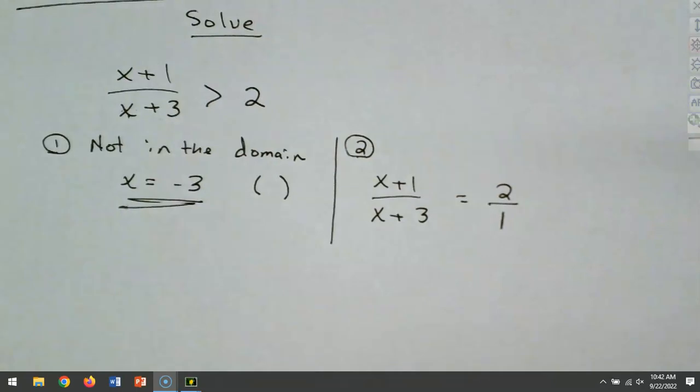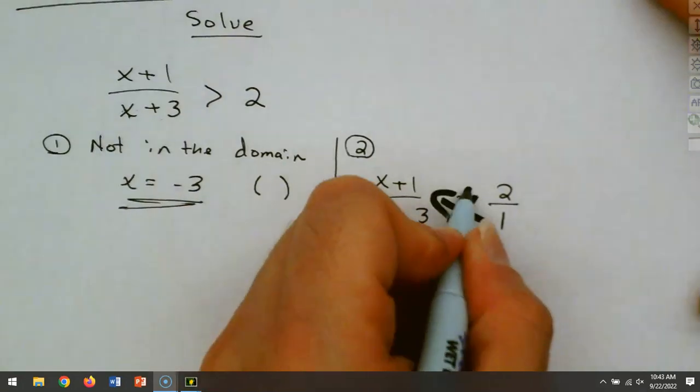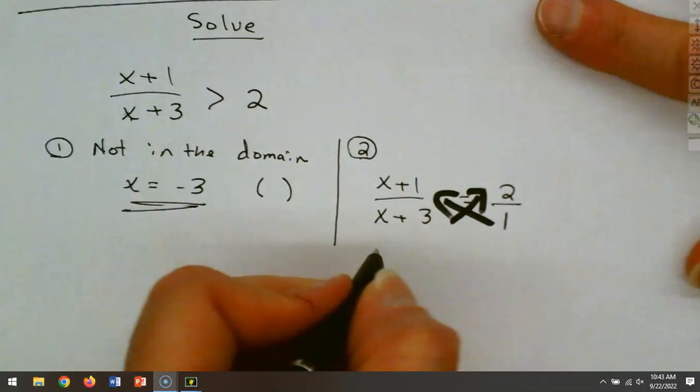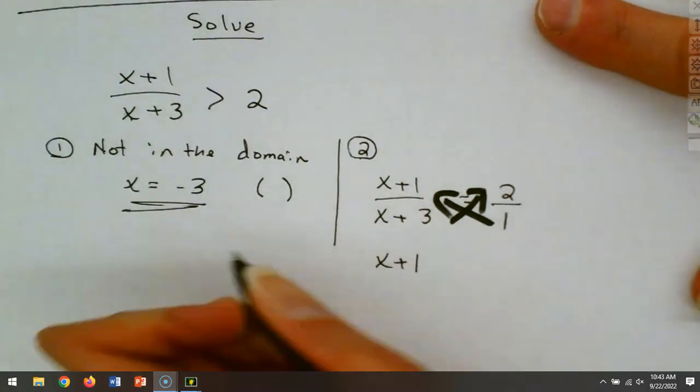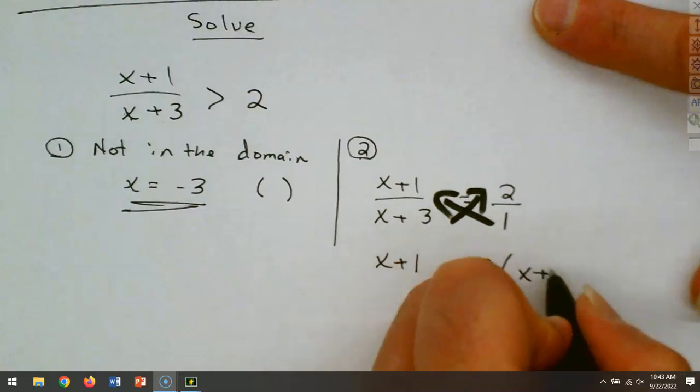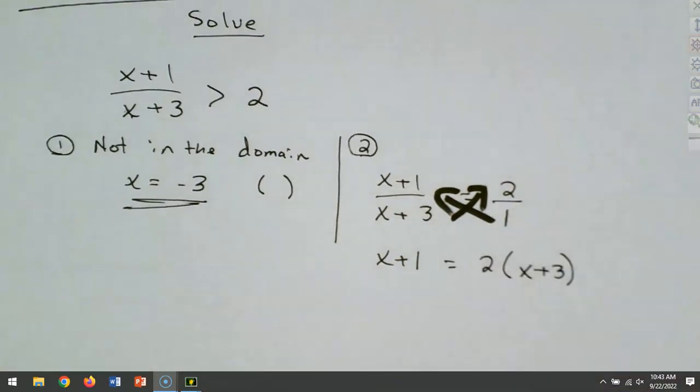And unlike the last one, this one's going to be solvable. So go ahead and distribute. And that gives you x plus 1 equals 2 times x plus 3. Distribute the 2 through.